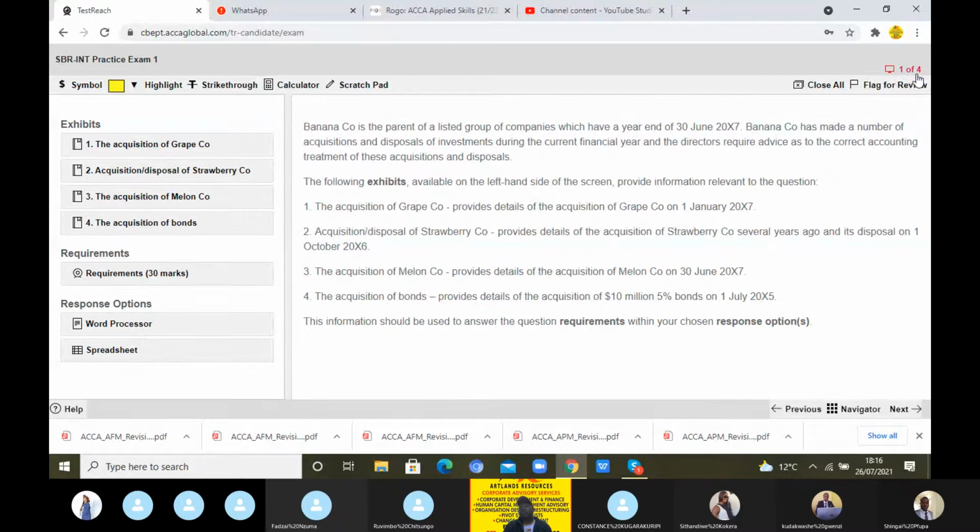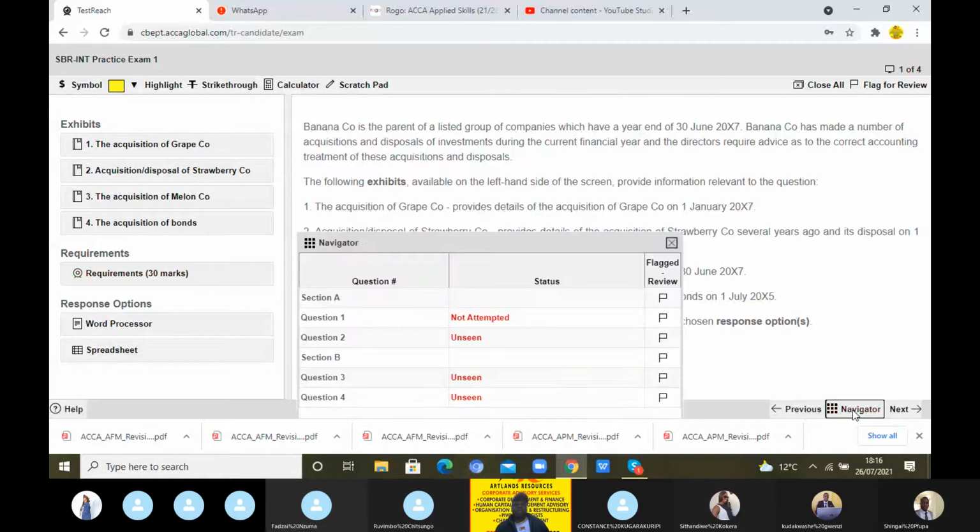Remember, SBR has got 4 questions, 2 in section A and 2 in section B. The first one is 30 marks, the second one is 20 marks, and those in section B are 25 marks each. So don't say after answering this, you are done with the paper, because clearly the requirements are just 30 marks. So you use the navigator button.